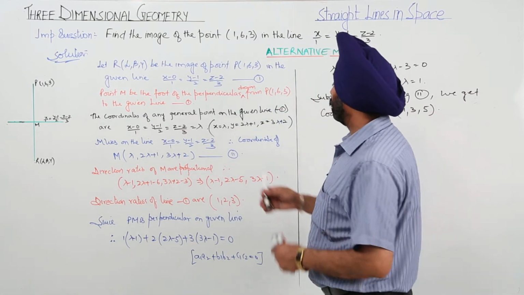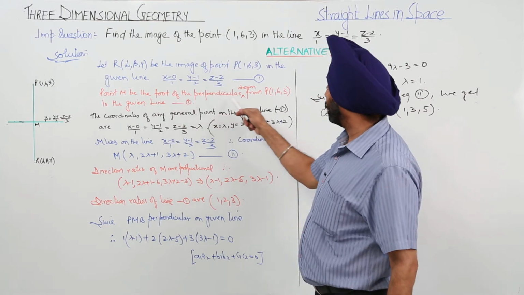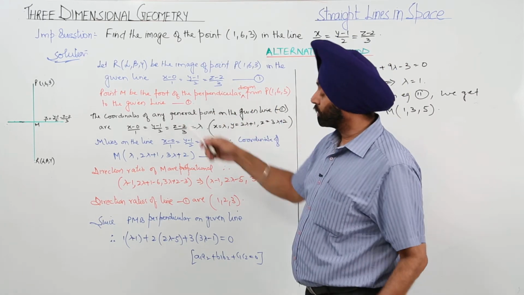Now these are the coordinates of point M, the foot of the perpendicular drawn from P to the given line.